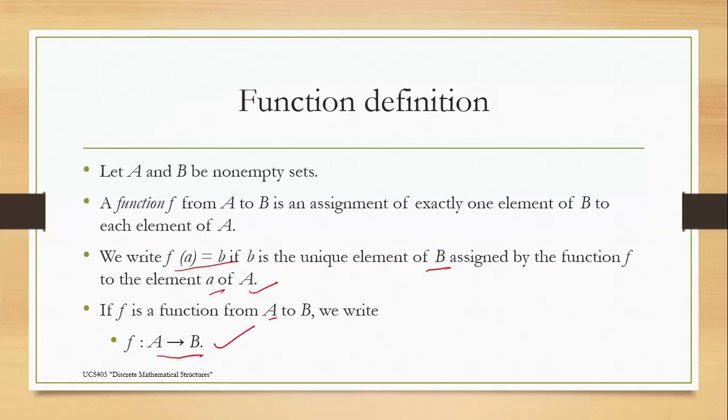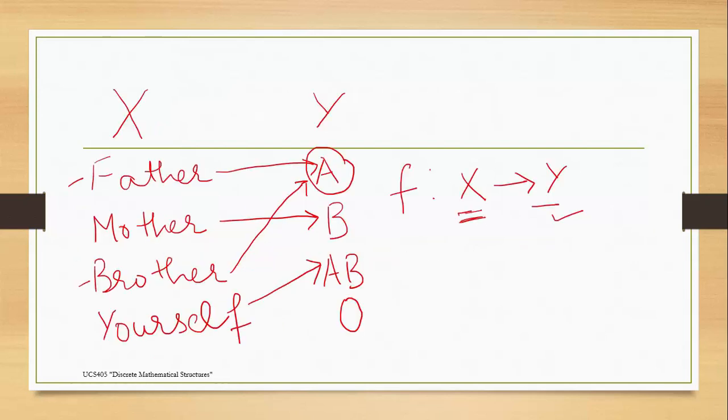For example, going to our previous example of blood group and your family members, talking about the range of the function.